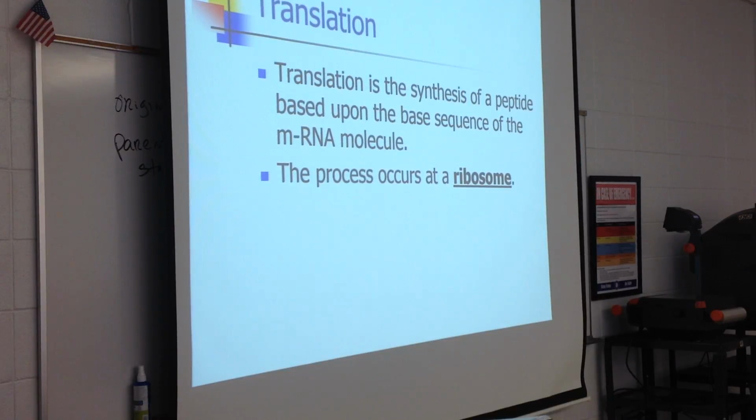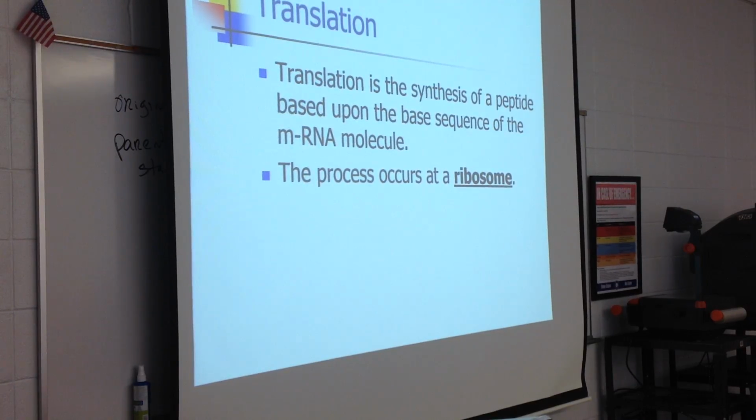So, DNA specifies messenger RNA, and messenger RNA specifies amino acid sequence. And when you string amino acids together by way of peptide bonds, what do you end up with? Well, you end up with either a peptide or a protein, depending on how many.